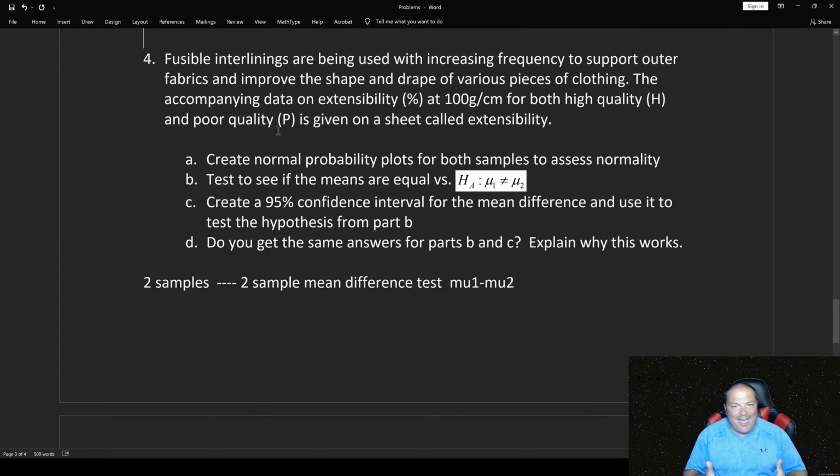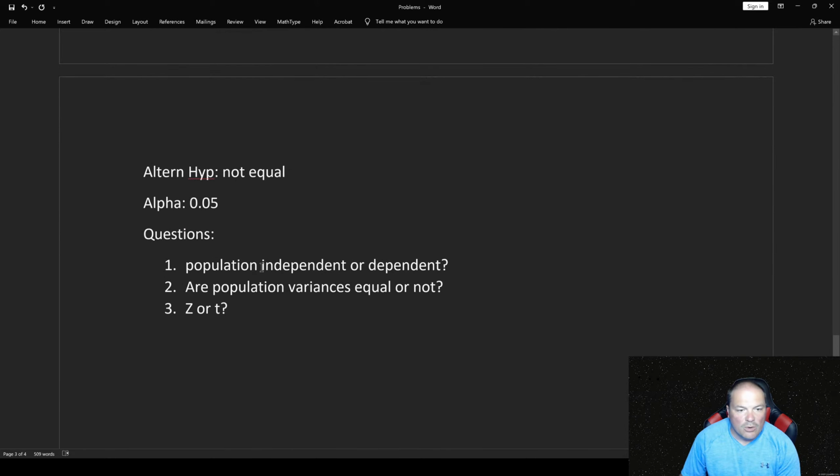We're not applying treatments to one piece of cloth in both cases. We're literally creating high quality cloth and poor quality cloth. So that's independent, and we are going to assume independence.